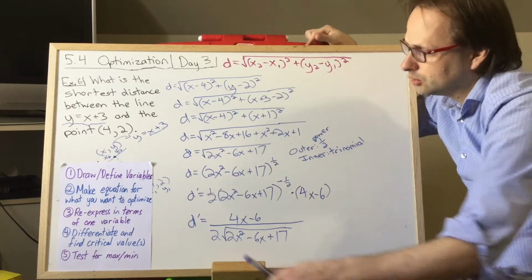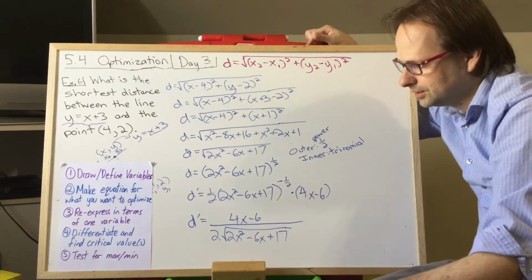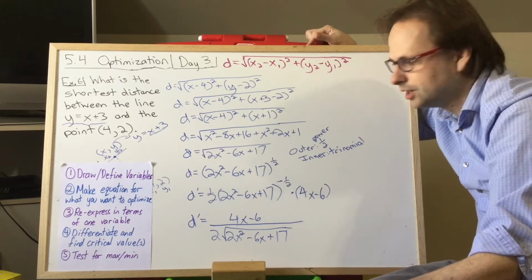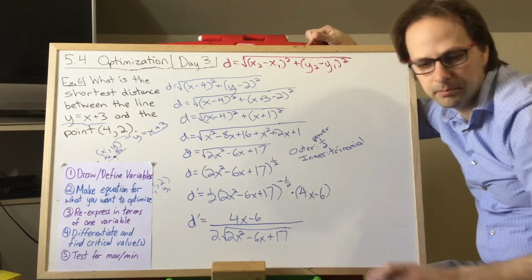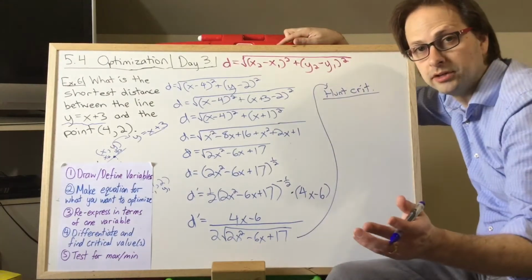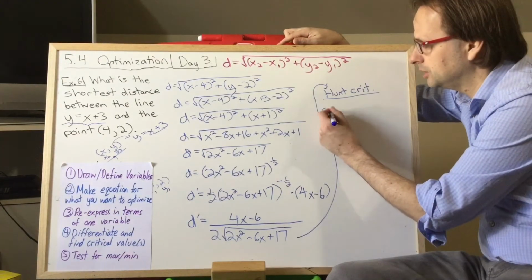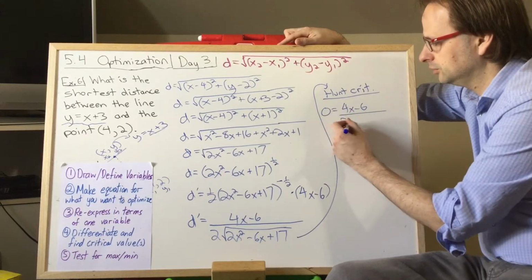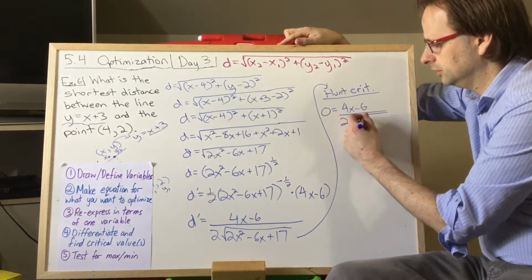Great, so we've differentiated, and now we've got to find the critical value, which looks like it's going to be a big mess. I'm going to take a second and just clean up a little. I'm ready to hunt my critical values, so I just sub in 0 for d prime. That's equal to 4x minus 6 all over 2 root of this big old mess.